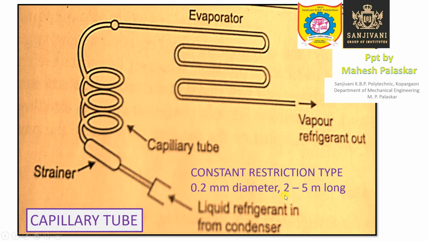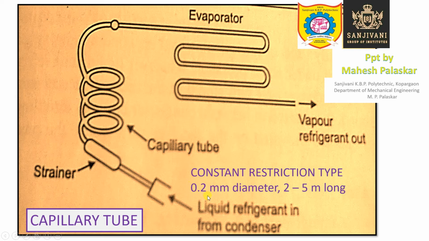It is a long tube. The length may vary from 2 meters to 5 meters, but the diameter is very small, of the order of 0.2 millimeter. Of course, it is variable. It depends. It varies from machine to machine and application to application. It depends upon the total load. So this length and the internal diameter of the capillary tube is designed properly depending upon the required reduction in pressure and the required variation in the load, etcetera.